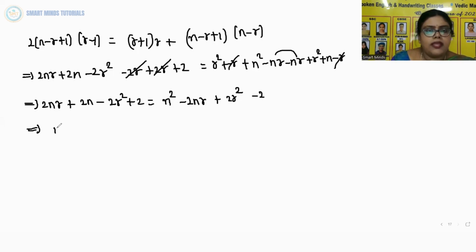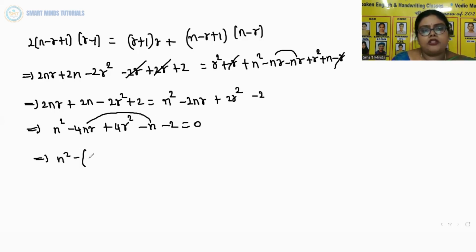So you will get n square minus 4nr plus 4r square minus n minus 2 is 0. Now from n square minus n, I take n common, and from the other terms also. So (n minus 4r minus 1) into n plus 4r square minus 2 is 0. So we got the result. Hence proved.